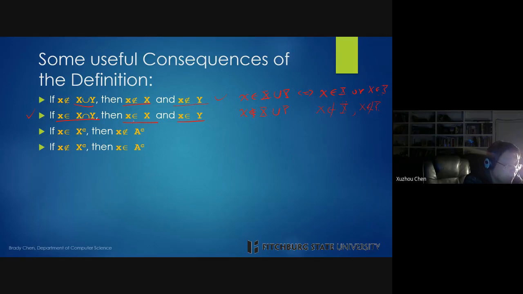Because otherwise, if x is not an element of X, then by definition, x could not be in both X and Y. So that's definitely the case. Now, if x is not in the complement of X, then x is not in... oh, sorry.